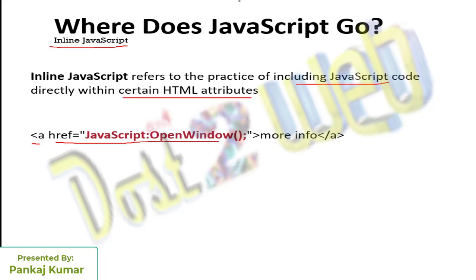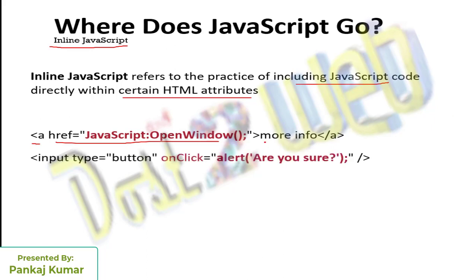In the href I have written javascript: followed by openWindow, with the method parentheses and a semicolon, and it gets terminated. This is how we have to embed our JavaScript, only in certain elements, not in all.